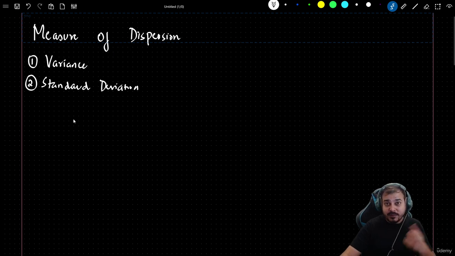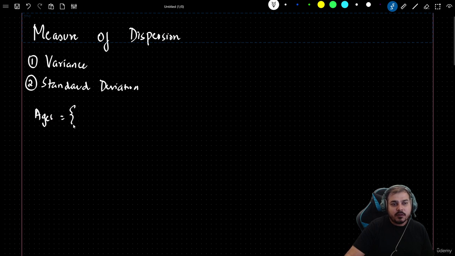Okay. So what exactly is measure of dispersion? That is what we are going to discuss. So let's consider one simple distribution like this, ages. Now in this age, I have values like 2, 2, 3, 3. So this is my sample data, or this is my data. Suppose I have this specific data.